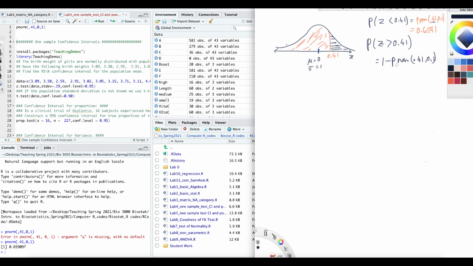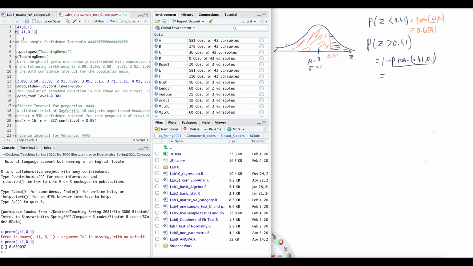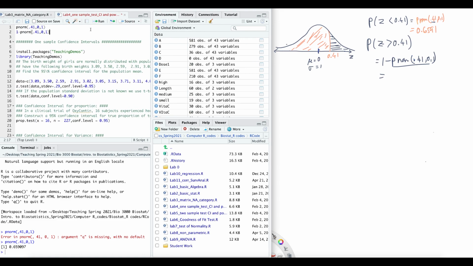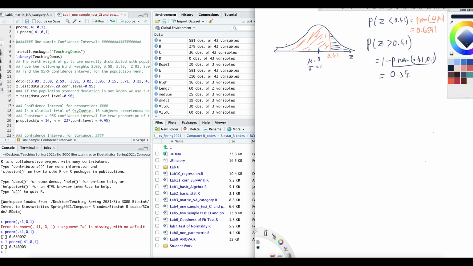This finds the area left, and if you subtract from 100%, it gives you that value. If you run this, you get 0.3409. This is how you find the area or the probability.